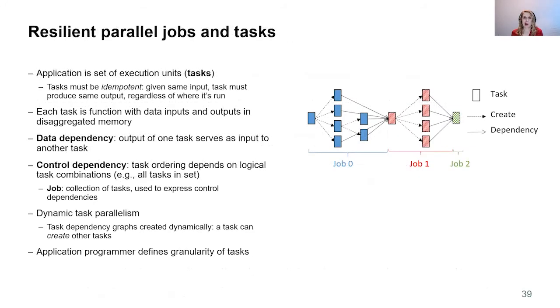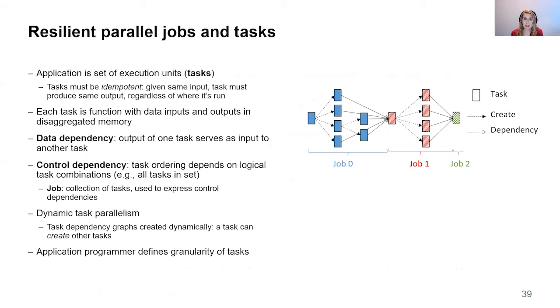Okay, so a task-based programming model, what does that mean? Well, the basic abstraction is one of resilient parallel jobs and tasks. So an application is designed as a set of execution units or tasks, where those tasks need to be idempotent. So given the same input, they have to produce the same output, regardless of where they're running, which node they're running on in the system. And each task is going to read its inputs from the disaggregated memory and write its outputs to the disaggregated memory.